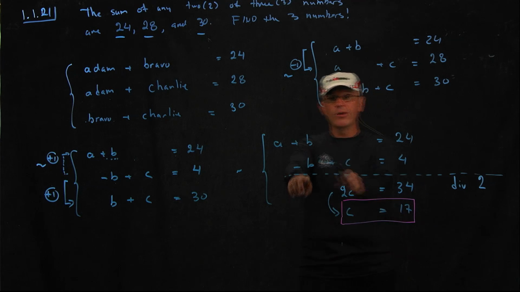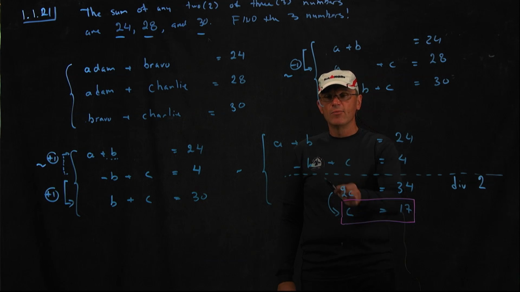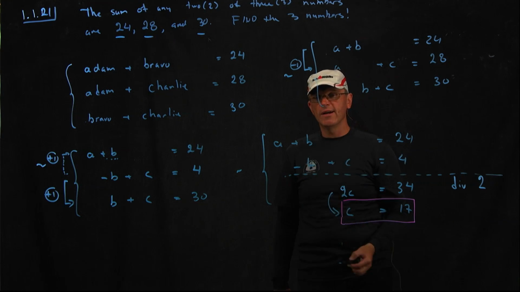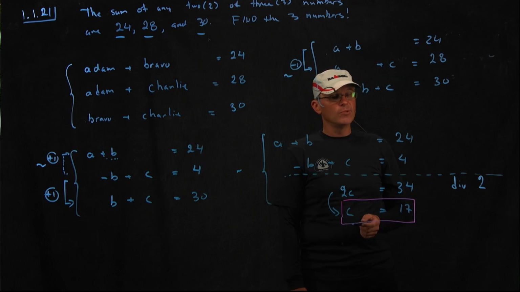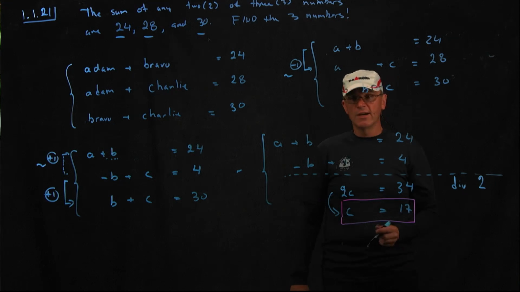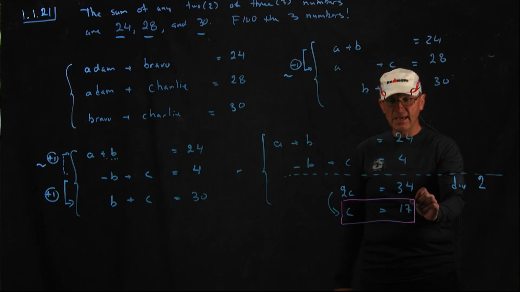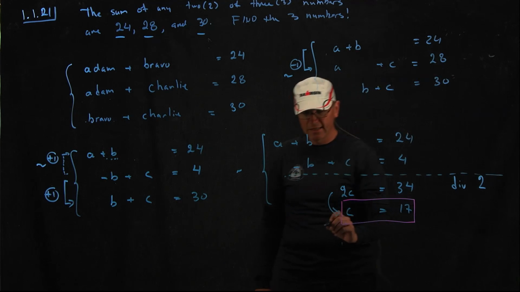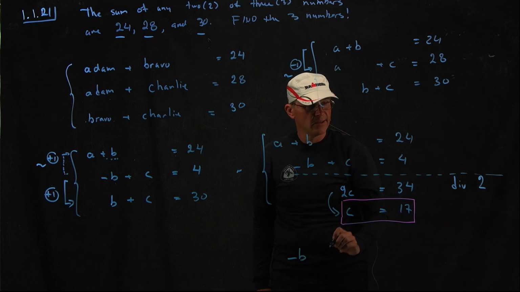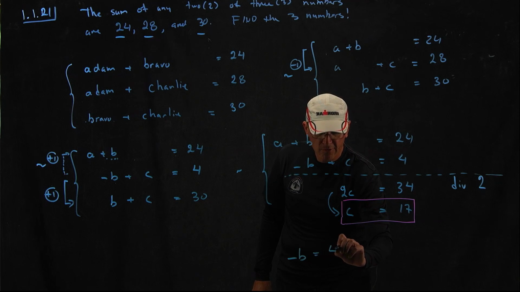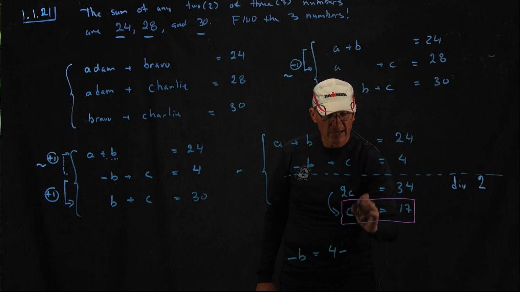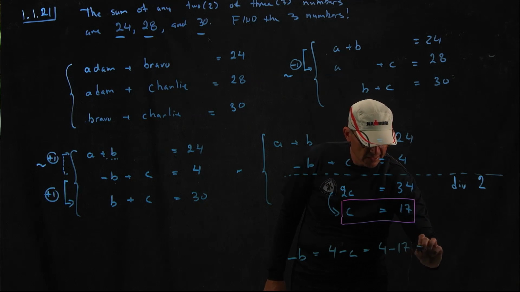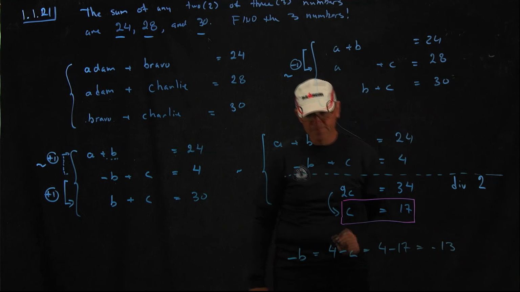Then if we look at the second equation, b here now only depends on 4 and c, and we now know the value of c. So we can take this and plug into the second equation. So that says that negative b equals 4 minus c. So that's 4 minus 17, negative 13.